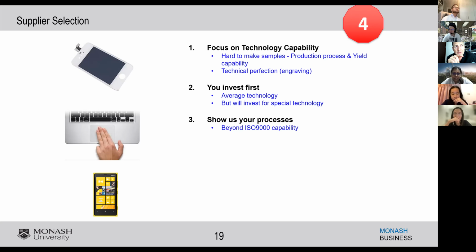Apple found this special technology of a supplier that was making this touchscreen technology. And that supplier, guess what? Their yield on making this technology was, get this, 8%.